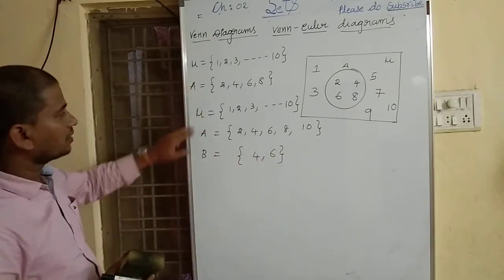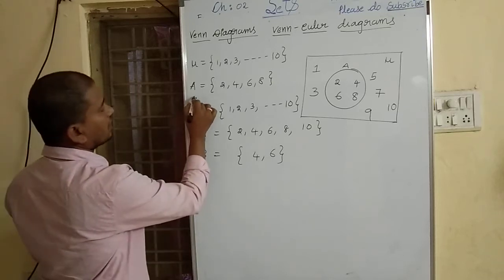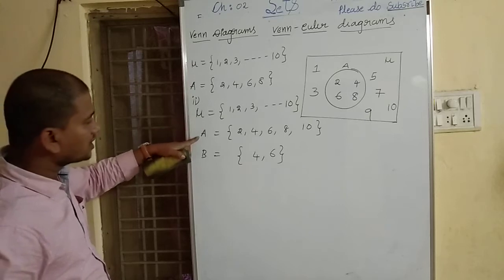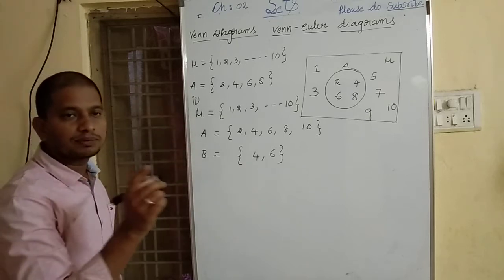Then how to represent this by using a Venn diagram? Here mu is the universal set and set A and set B are subsets.